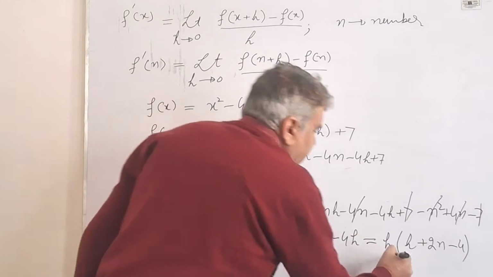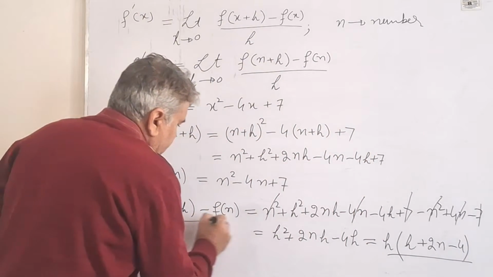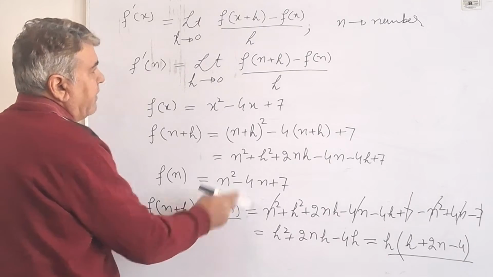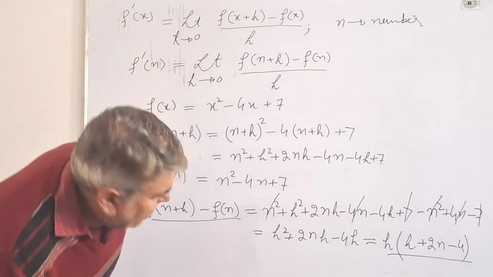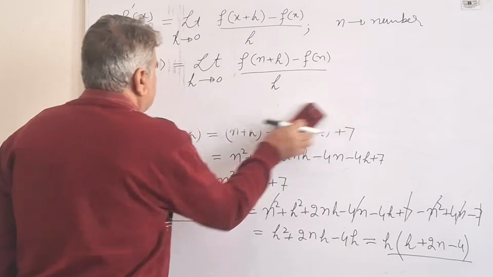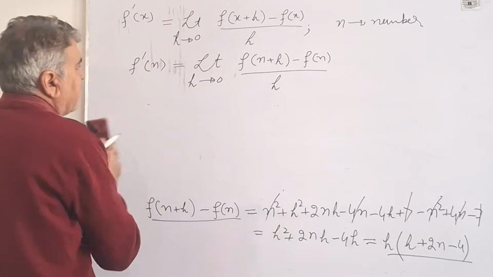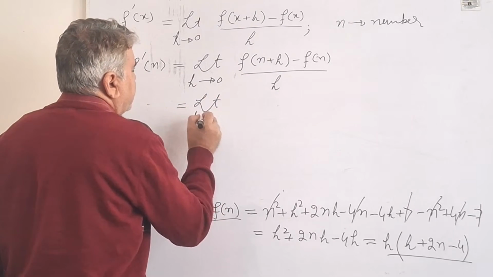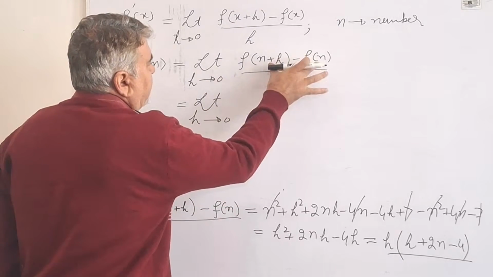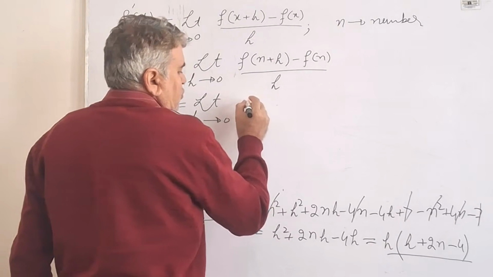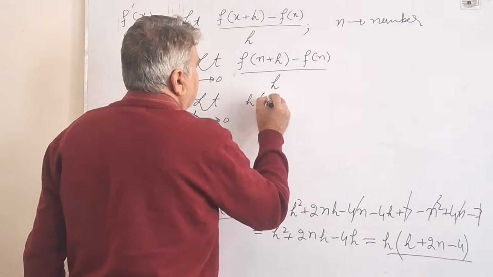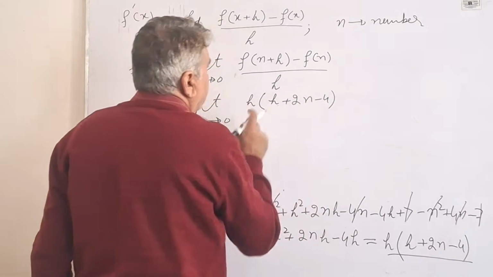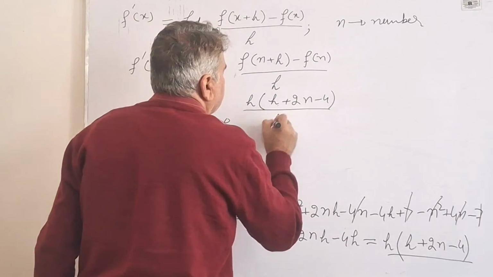Now, if I substitute this value for this thing, that is the difference of the function at two different values, n plus h and n, in the defining equation, I can write the result in the form: this equals the limit as h tends to 0, and for this I'm writing this, so it is h into h plus 2n minus 4, and then divided by h.